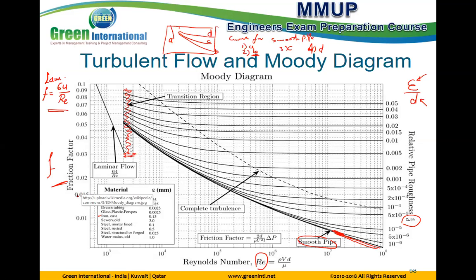Okay. Any more questions? In this drawing, where does turbulent start? This one is starting from this curve here. Only between this is transient.